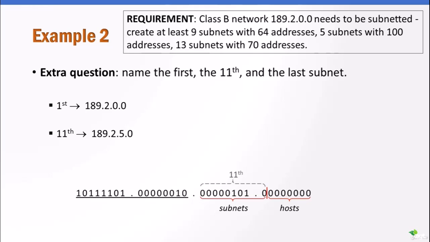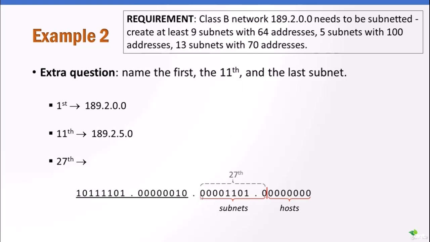Finally, for our last subnet, so we said that in total we have 27 subnets, so we're looking at the 27th subnet here. So the 27th subnet is going to be 26 in binary format in our subnets portion.